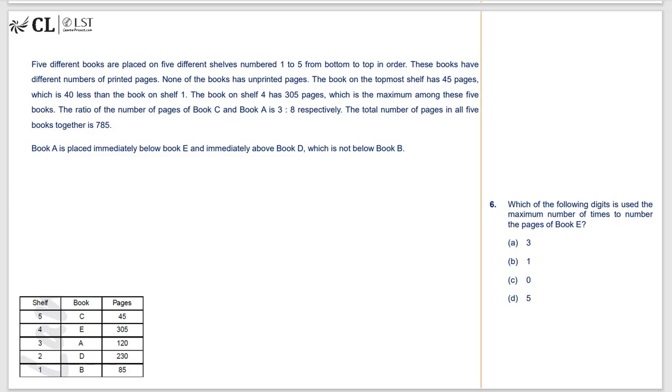Which of the following digits is used the maximum number of times to number the pages of book E? The book E has 305 pages. Let's look at the options first.